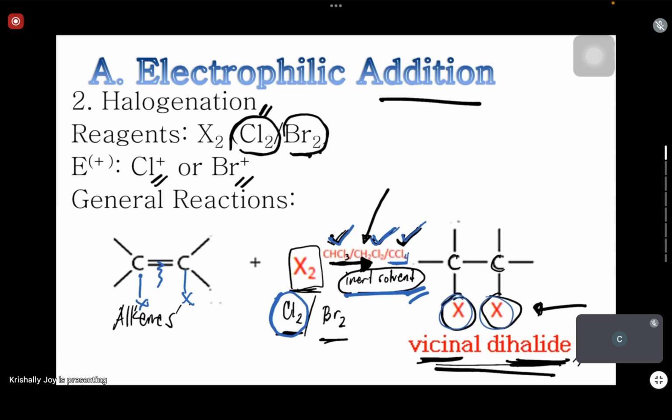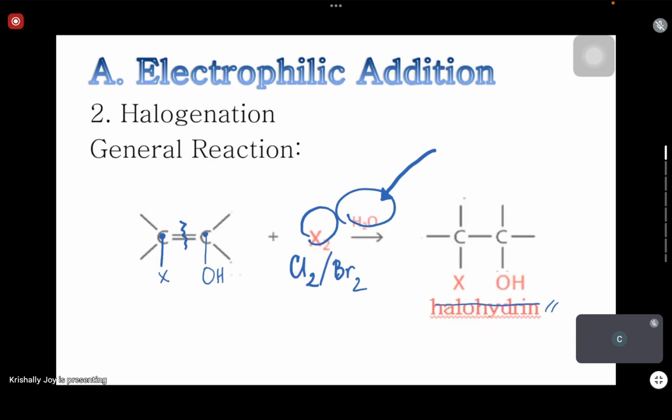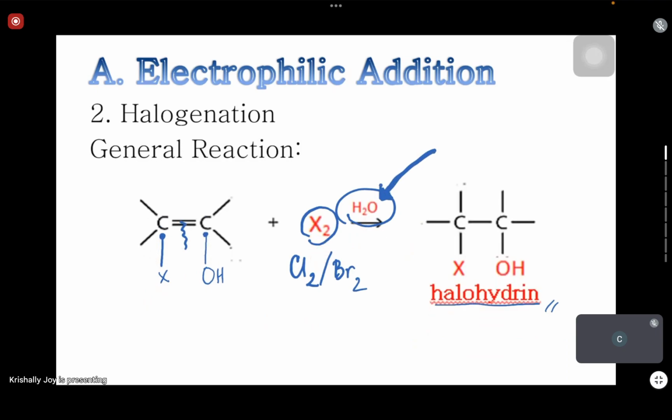Pero nagkataon na upon halogenation, water yung ginamit na solvent, then halohydrin yung product. Isang carbon dyan mula sa reactive site ng alkene, added siya with halogen, yung isa naman is OH. Okay?